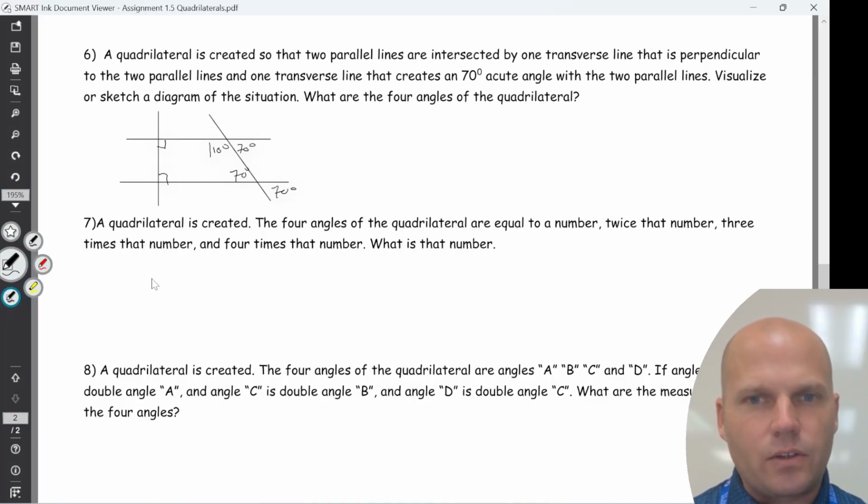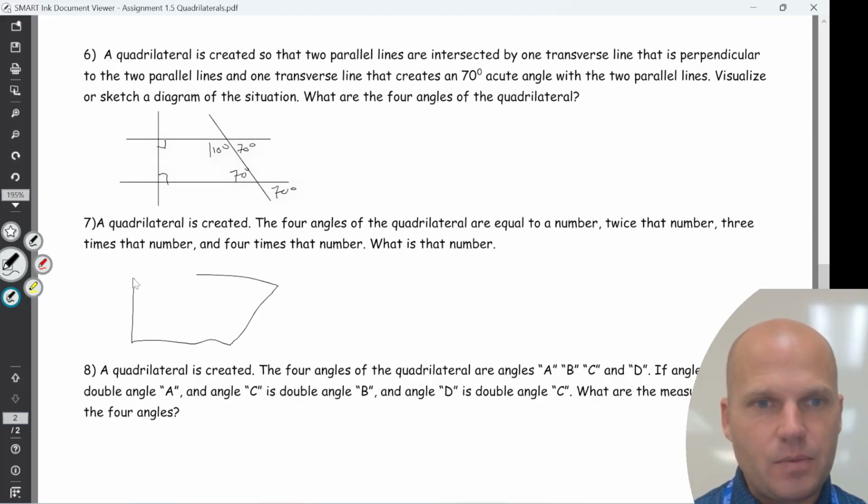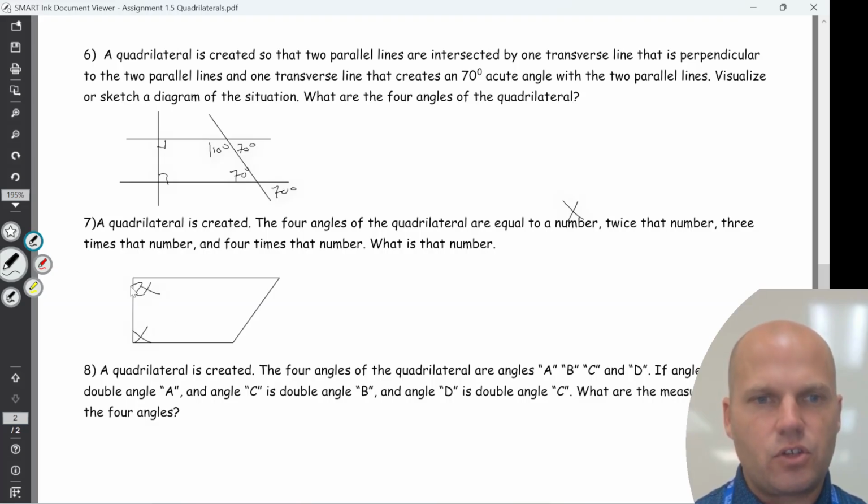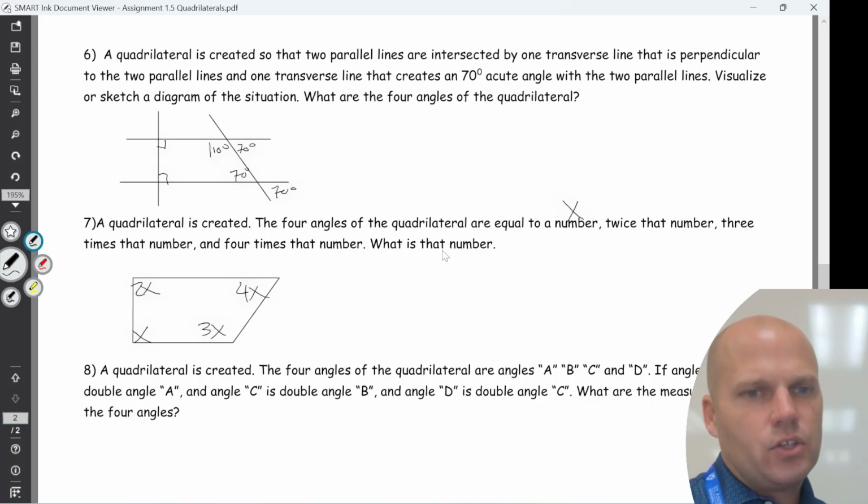A quadrilateral is created. The four angles of the quadrilateral are equal to a number, twice that number, three times that number, and four times the number. What is the number? I'm going to say that the number is x. One angle is x, the other angle is 2x, the third angle is 3x, and the fourth angle is 4x. So what's the key to quadrilaterals?